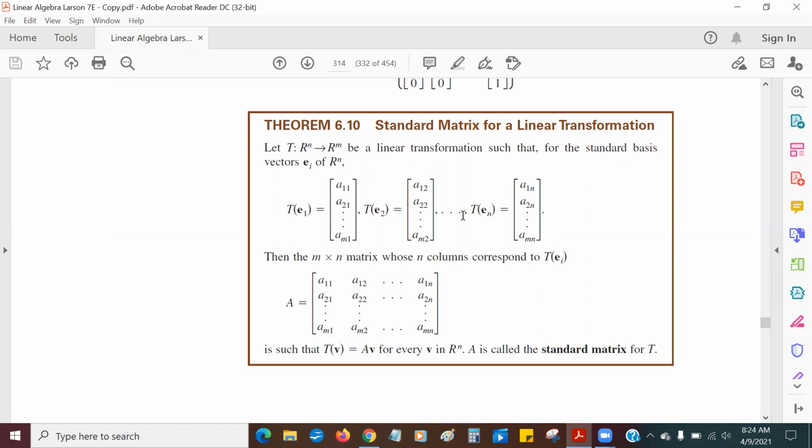By the way, whoever makes these dot dot dots, it's a big thing in linear algebra, as you've seen already.